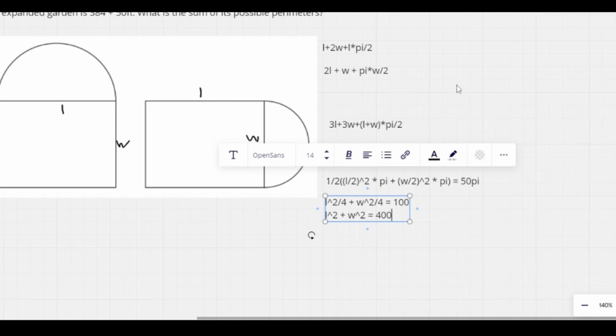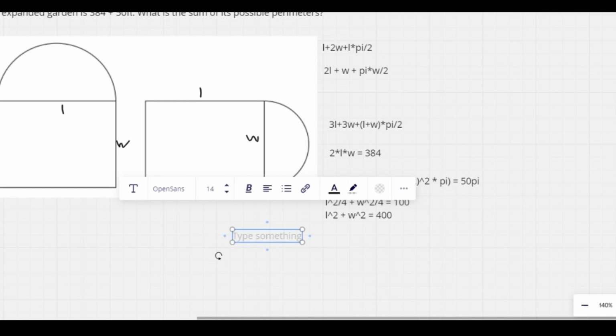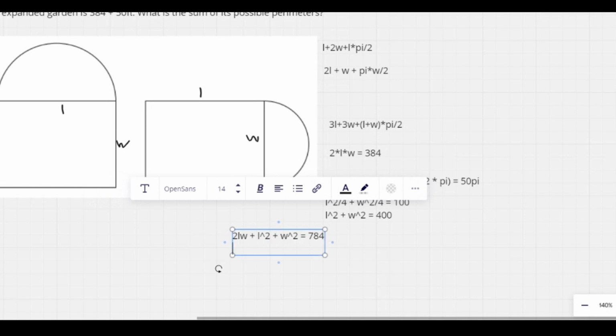And so now we can combine these two equations and then see that 2LW plus L squared plus W squared equals 400 plus 384 equals 784.